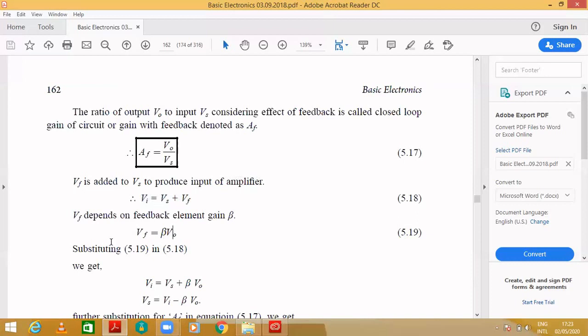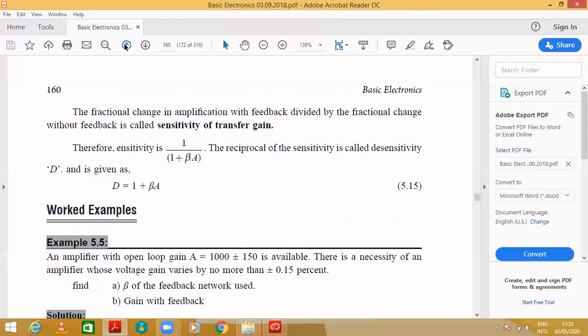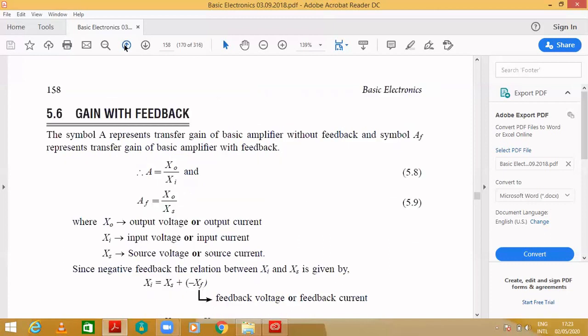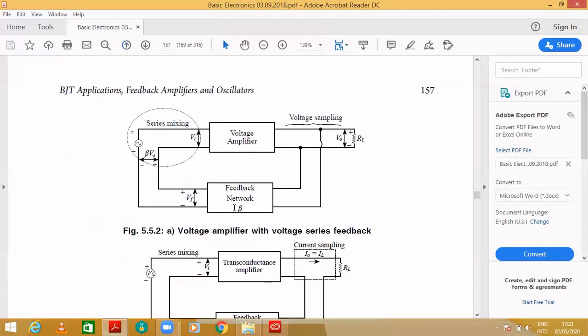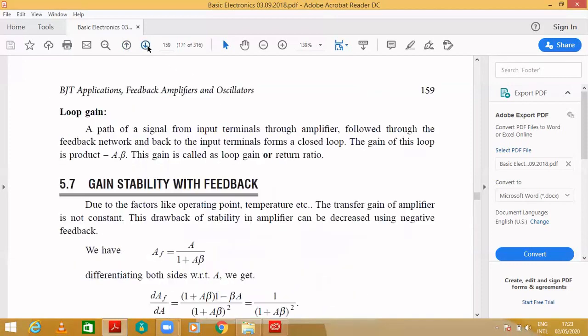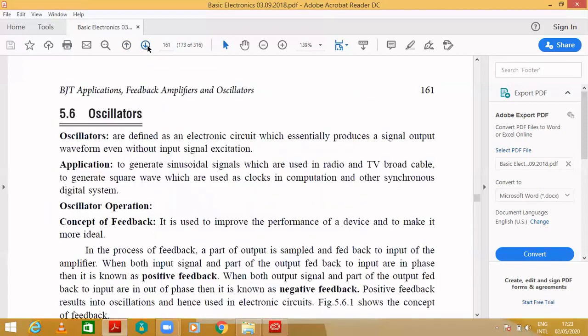Next, Vf depends on the feedback element. You may remember the beta factor. For this beta factor, input is V naught and output is Vf. So when you write for beta, it will be Vf by V naught. Same thing was written over here.